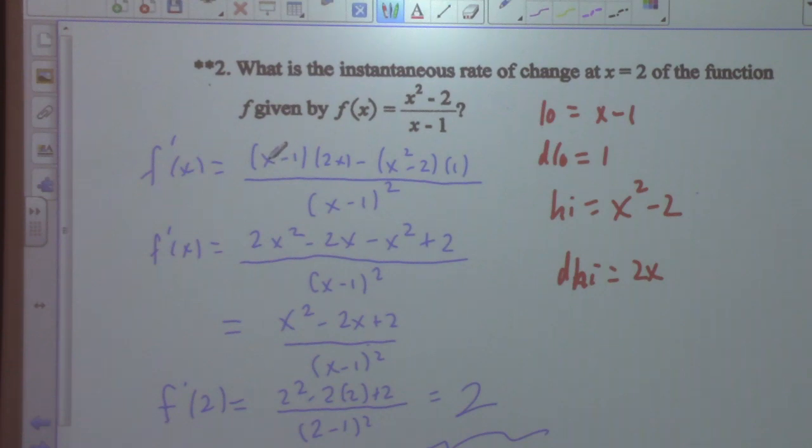If you substitute in 2, it might actually be easier, because then you'll have 2 minus 1, you'll have 1 times 4, minus 2 times that. So you'll have 4 minus 2 up here, divided by 1. So sometimes you can substitute up here too.